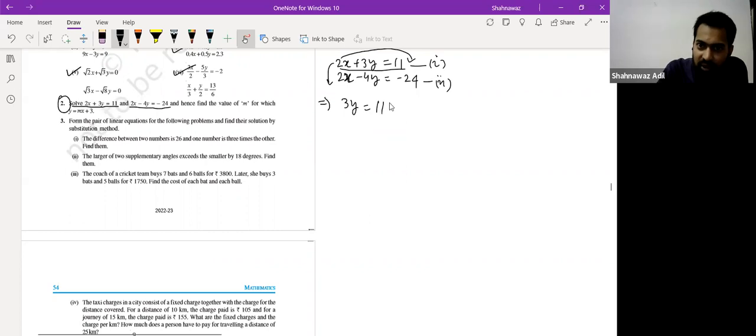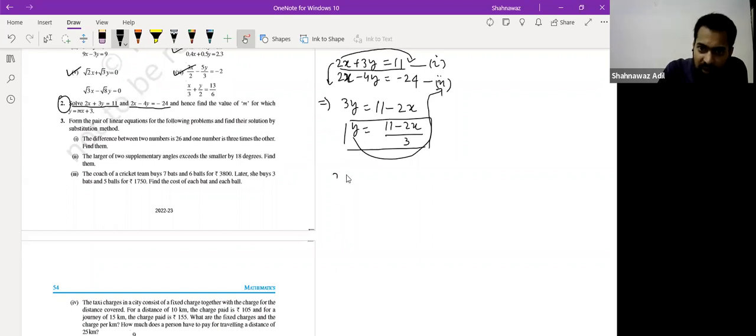And this goes here, so minus 2x. So y will be 11 minus 2x by 3, right? Any doubt? No. Okay. Now we will put this value here.